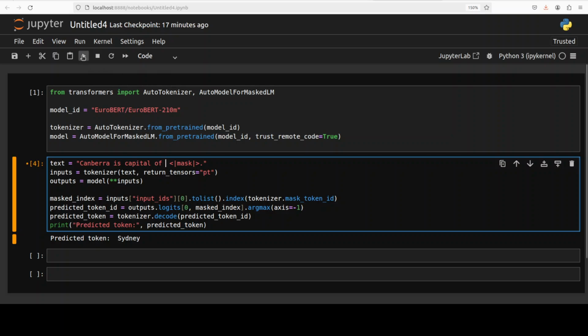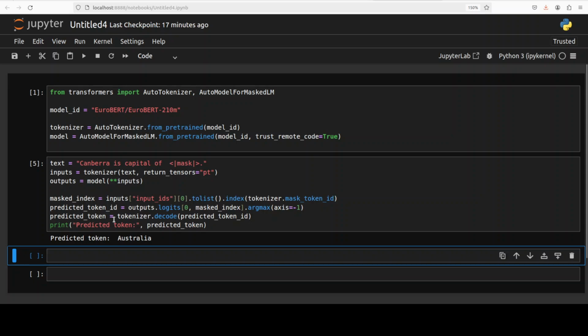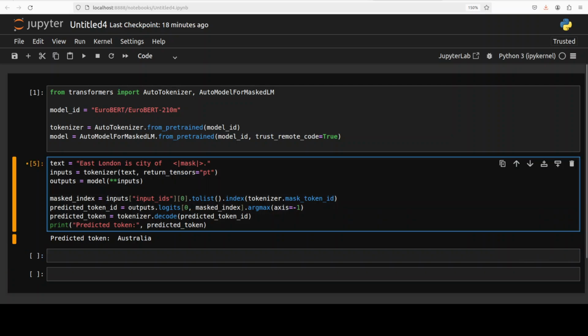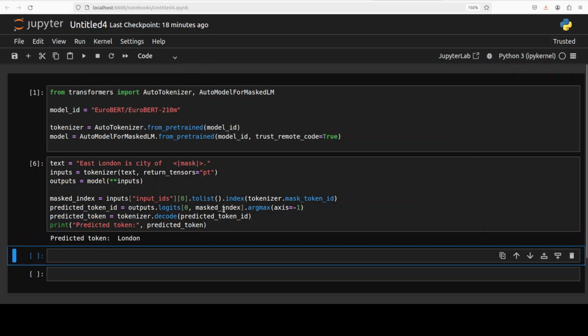Let's see if it does it or not. This time it has got it right, because Canberra in its training set is associated with Australia. And now let's try to confuse the model. I am saying East London is city of London. So I think there is a suburb in London, East London, but it is also a city in, I guess, South Africa.